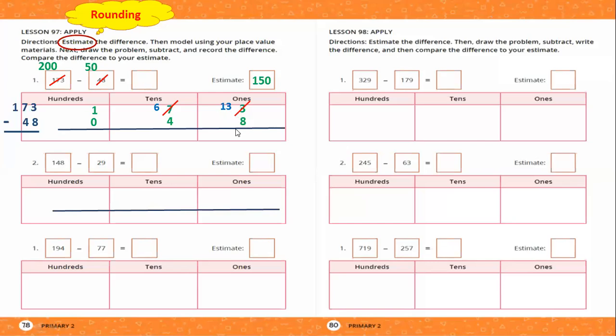13 minus 8, count from small to big: after 8, 9, 10, 11, 12, 13. How many fingers? 5. 6 minus 4 equals 2. 1 minus 0 equals 1.